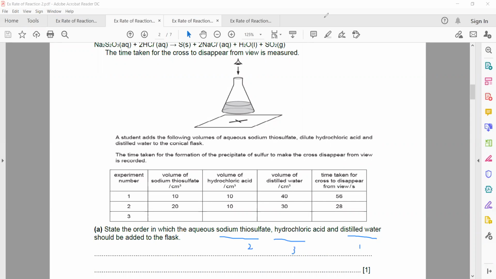Or you can add distilled water, then hydrochloric acid, and third, sodium thiosulfate. But not these two, sodium thiosulfate and hydrochloric acid, at first. That combination is not acceptable. Other than that, all the combinations are acceptable.